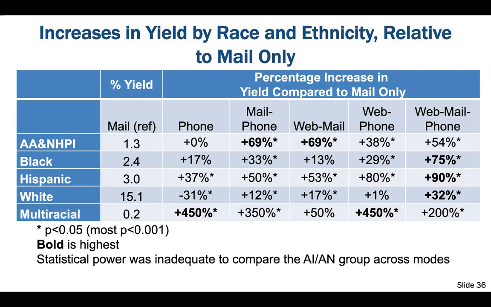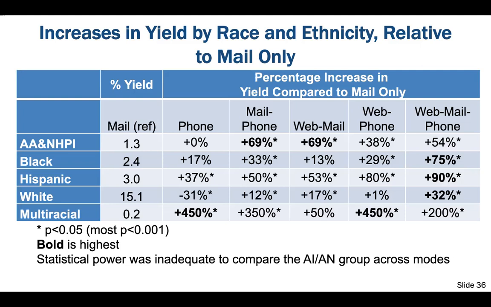But what we can see is that the number of responses you get from Black patients is 75% higher in web-mail-phone than it is in mail only. The number of responses you get from white patients, for example, increases by a third relative to mail only, which is great.